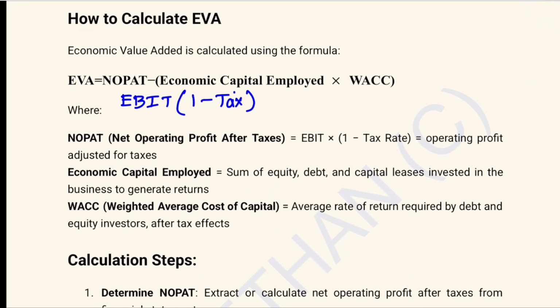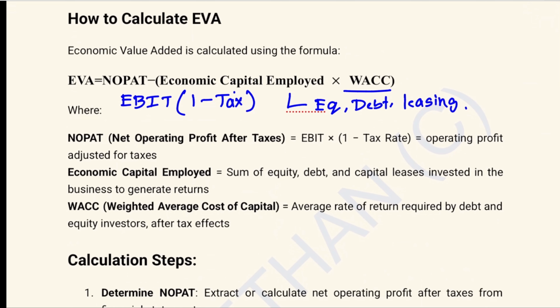Then capital employed is all the long-term capital employed in the business, which is equity, debt, or any long-term leasing. Weighted average cost of capital is the average return required by the debt and the equity shareholders.